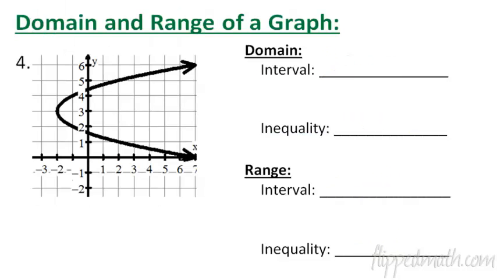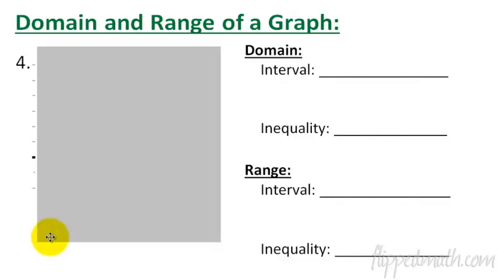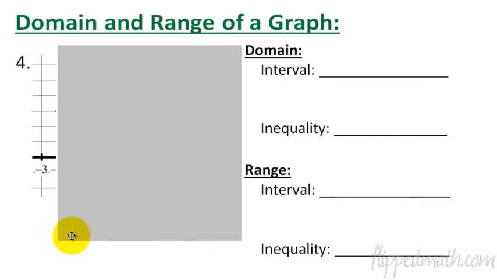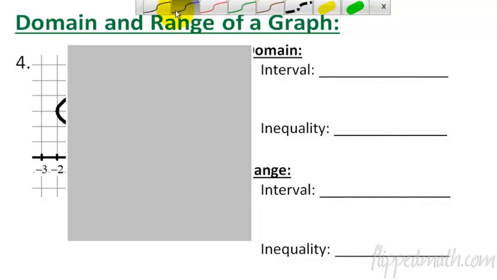Let's try another one. We're going to do the exact same thing with number 4. So either use another piece of paper or use your hand, and we will cover up that graph. Now to identify the domain, the smallest domain value, we will move this thing. Let's start dragging it, and we look for the farthest thing on the left, which in this case right there, it is a -2. Now it doesn't have a filled in circle, but on all of our graphs, we can assume that it is filled in right there, that it's actually touching -2.